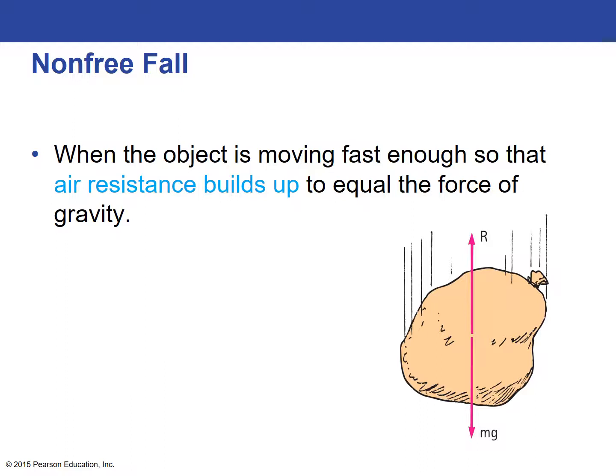And your object will no longer be in free fall when the air resistance becomes equivalent to gravity. So in free fall, the object is accelerating with the force of gravity. If our object is falling at such a point that gravity is pulling it down and air resistance is pushing it back up, then we'll either be accelerating at a smaller value or we will no longer accelerate and we will be falling at a constant speed.